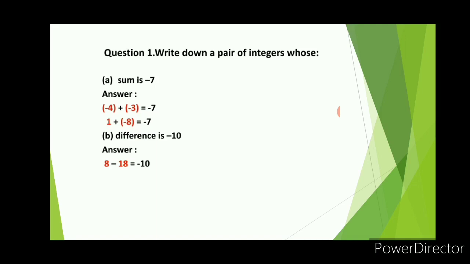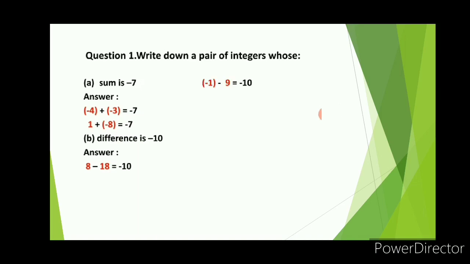Two integers, in between a minus sign, because they are asked to find the difference of a pair of integers. Another one, -9 minus 10. In between the numbers we are having a minus sign, so it is also a difference. The same sign we have to add it, but the answer we are getting is -10 in both the examples.